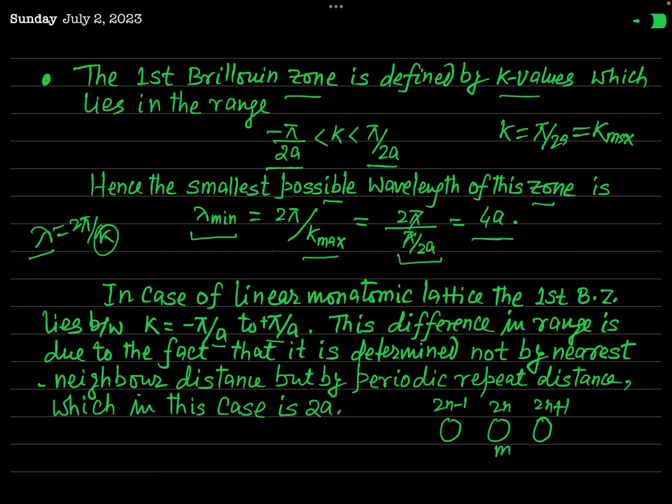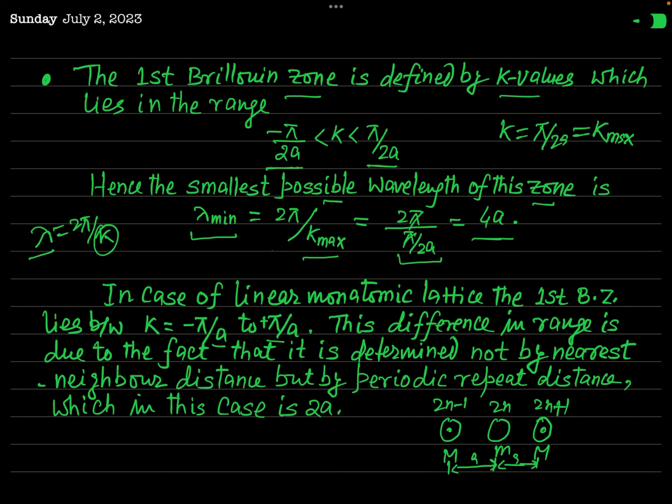Its mass is small m, its mass is capital M, its mass is capital M. And the distance between two successive atoms is a. But the periodic repetition of the same atom takes place for a separation of 2a, not a. You can see the distance between this capital M and this capital M is not a but 2a.